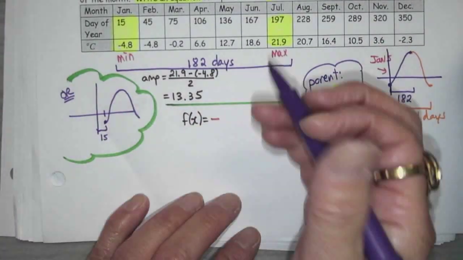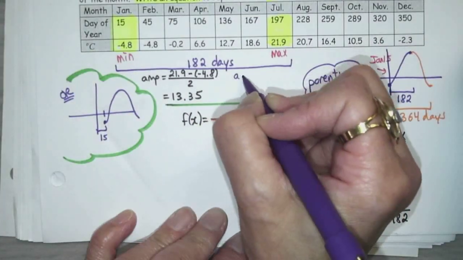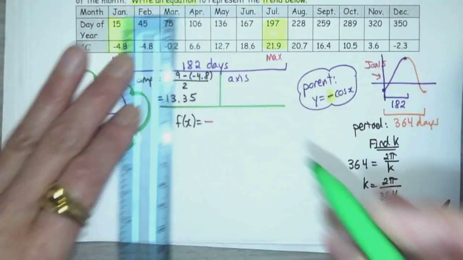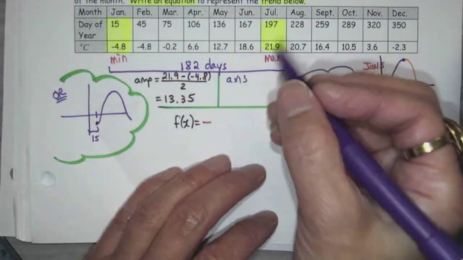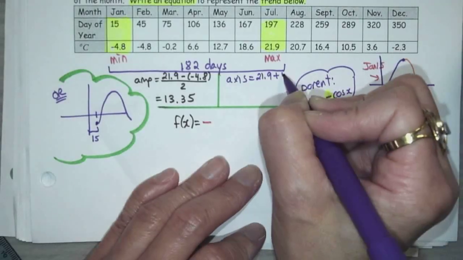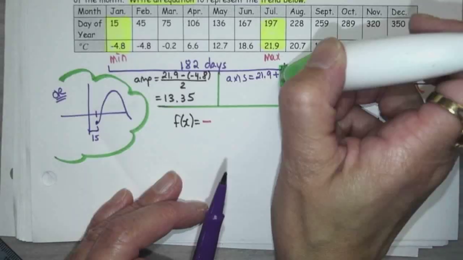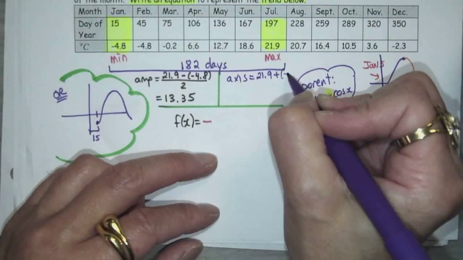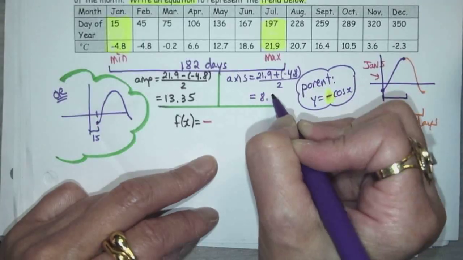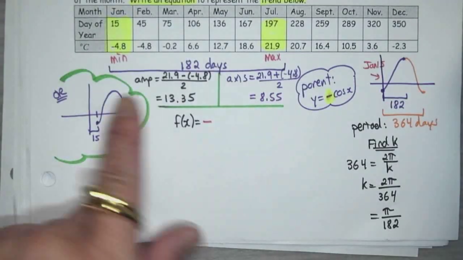And my axis. Sorry, I started my equation before I finished. My axis is when I add it, so 21.9 plus negative 4.8 divided by 2, and I get 8.55. Okay, so now I have everything.